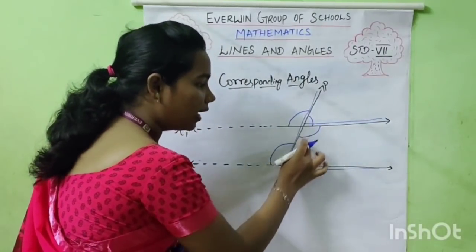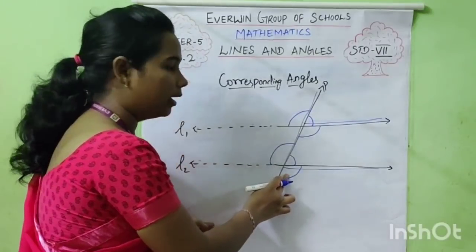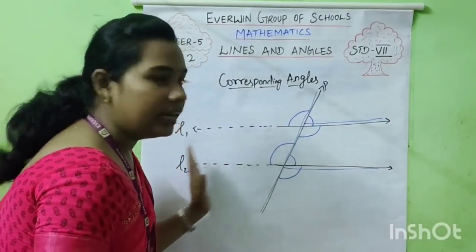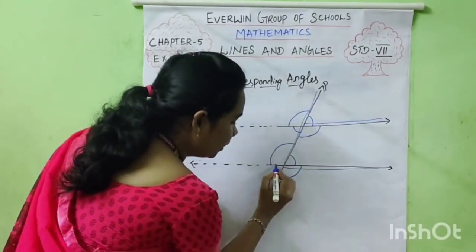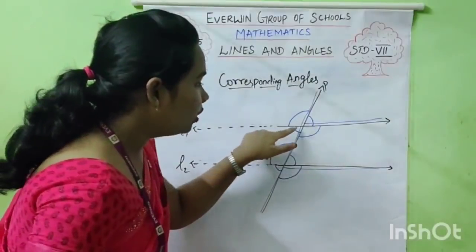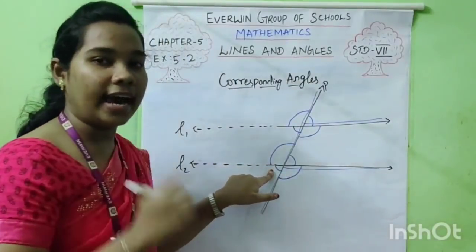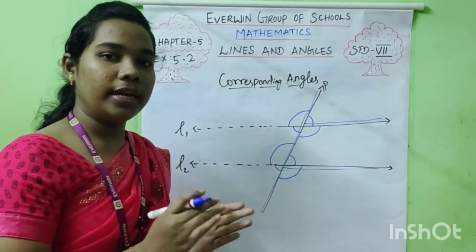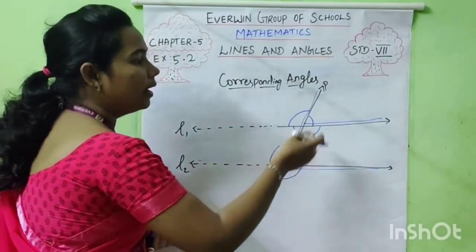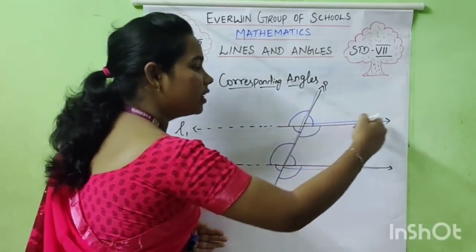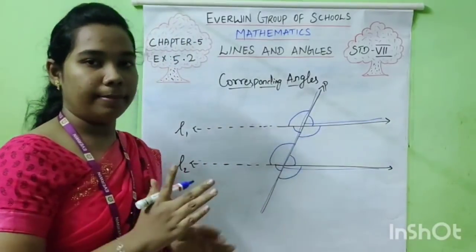So these two angles are corresponding angles. Next, down left. Down left also it will make one angle, and at this line also it will make one angle. So these two angles are corresponding angles. So corresponding angles are always equal. Okay, children, always remember corresponding angles always will look like the alphabet F.